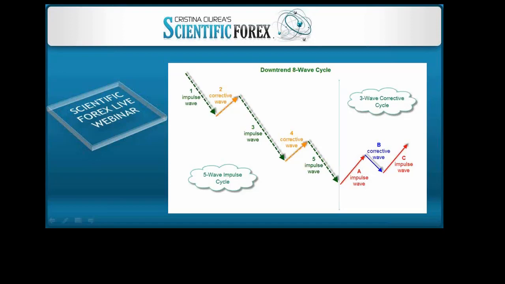In a trending market, this combination will make a complete cycle of 8 waves. So we have a 5-wave impulse pattern followed by a 3-wave corrective pattern, ABC.